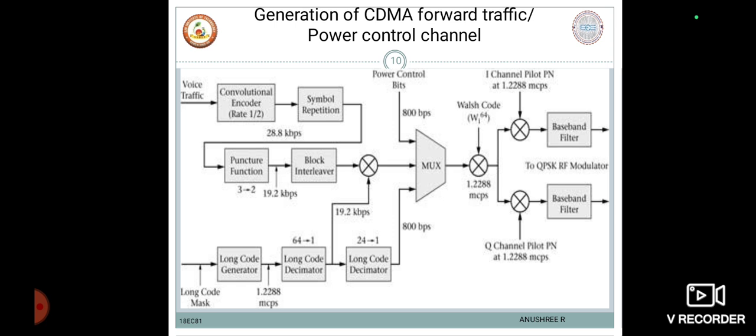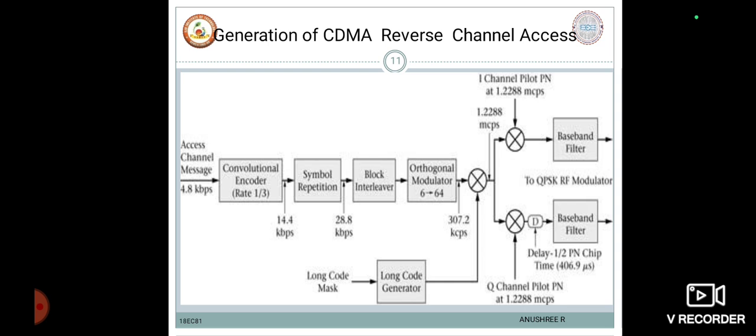This power control information is used to set the output power of the mobile on the reverse link and is multiplexed with the scrambled voice bits at a rate of about 800 bits per second, or 1 bit for every 1.25 milliseconds, which is shown in the block.